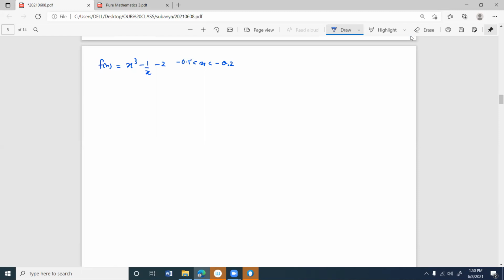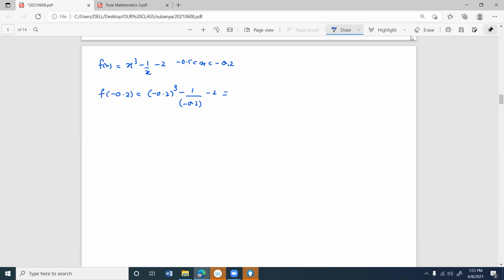So what you can get here is, initially we'll substitute minus 0.2. What do you get? Minus 0.2 cubed minus 1 over minus 0.2 minus 2.